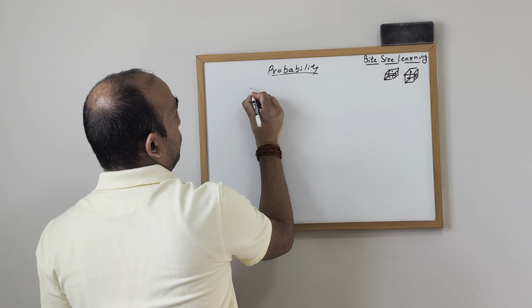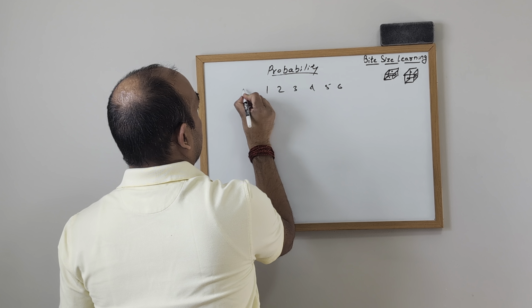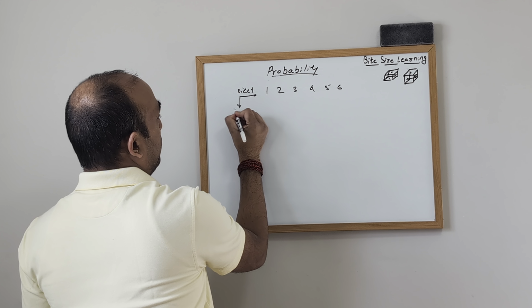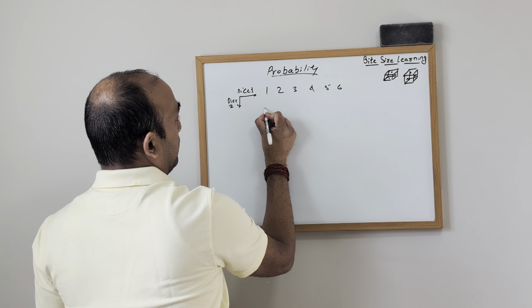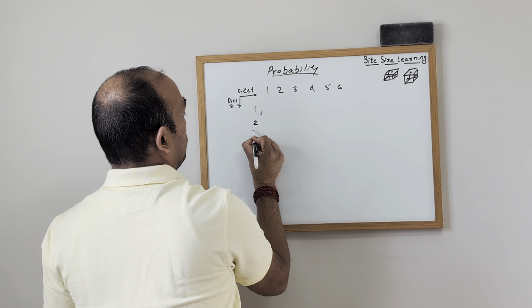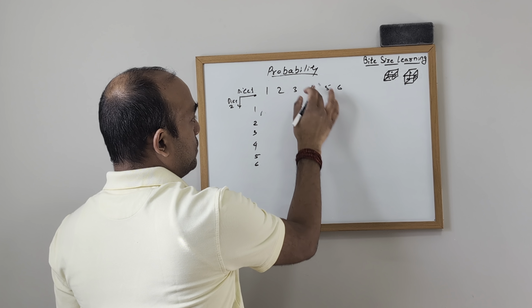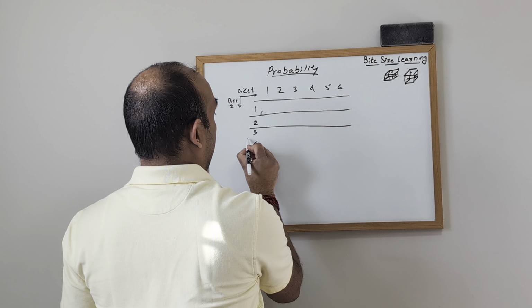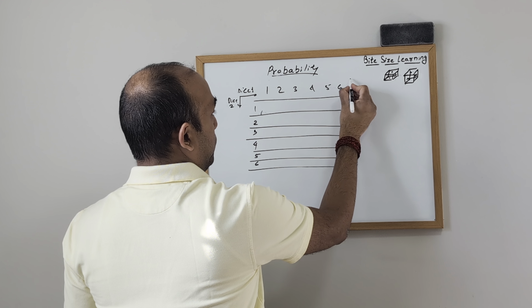So let's say you have dice 1 with 1, 2, 3, 4, 5, 6, and then you have dice 2, the second dice, with 1, 2, 3, 4, 5, 6, right. So this will form a grid, right. You will draw a line here, and then you will draw a line here.